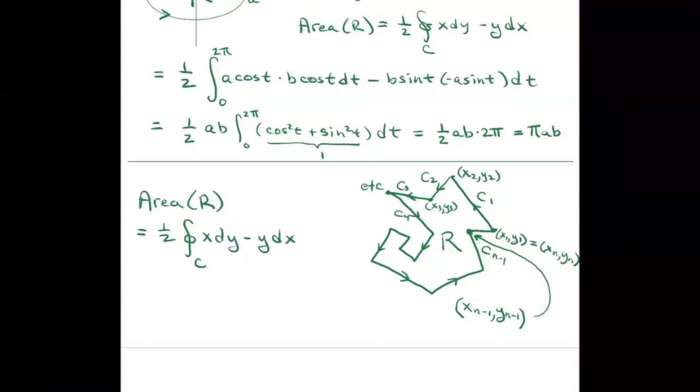And what I'm getting at is this would be 1/2 times the sum of the integrals over Ci of x dy minus y dx, and I would go from 1 to n minus 1.